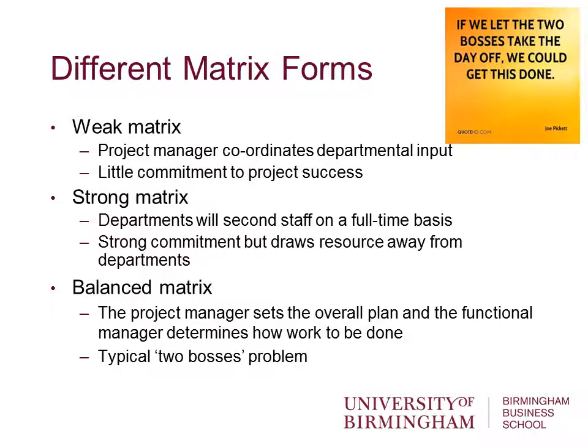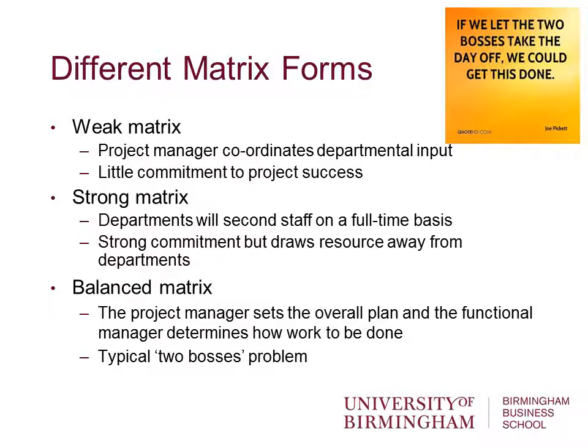Okay, we have three different types of matrix really. The weak matrix, where the project manager is coordinating input into the project, but in these kind of situations there's little commitment to success. Strong matrices, where departments or subcontractors, suppliers second people on a full-time basis to the project.